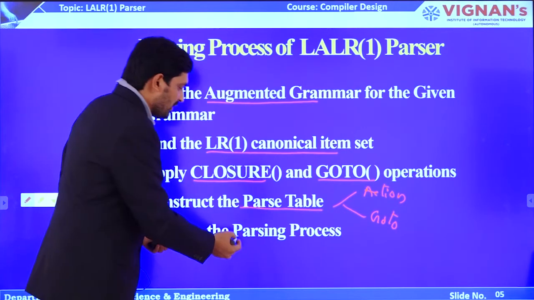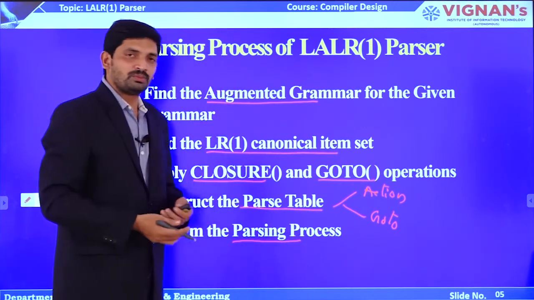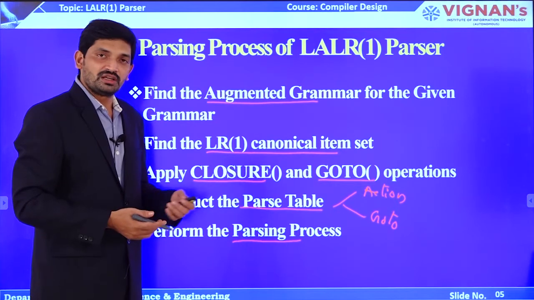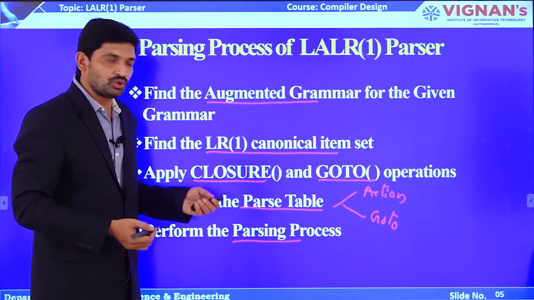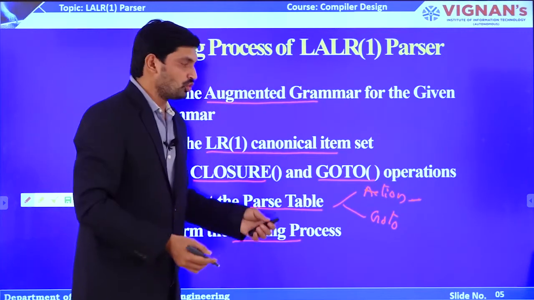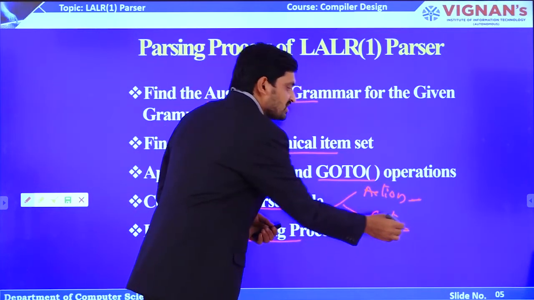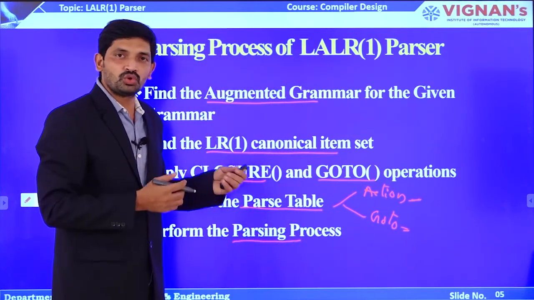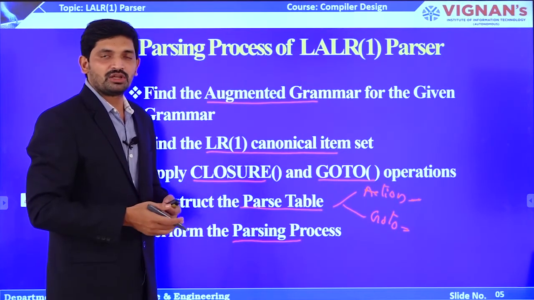And finally, by using the parse table, we are going to perform the parsing process. Remember, all the shift and reduce operations are to be placed in the action part only. The goto part only consists of some state numbers depending upon the goto operations on a particular item.